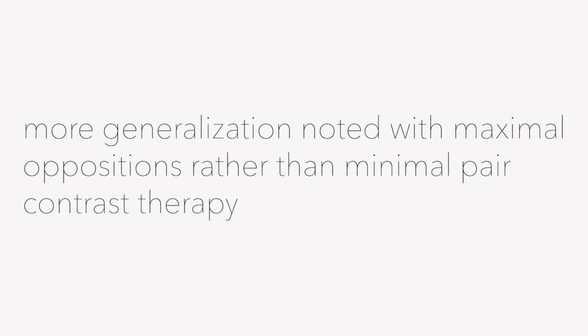In fact, when minimal pairs and the maximal oppositions approach were compared against each other, there was much more generalization noted with the maximal oppositions approach rather than the minimal pair opposition approach. But remember, this is with clients who have those 6 sounds missing from their inventory and have severe phonological disorders.